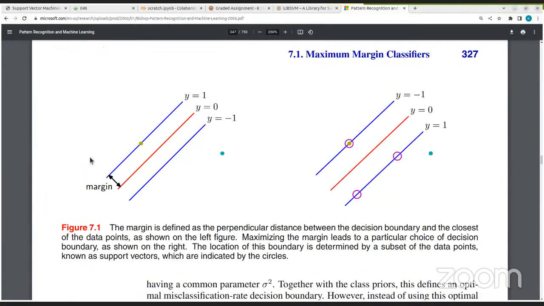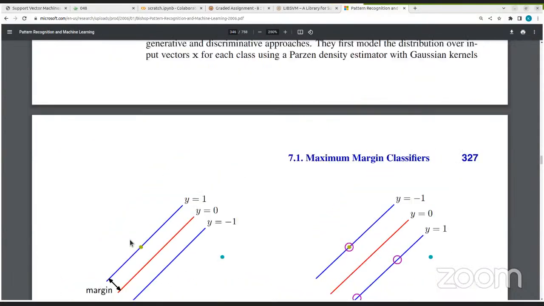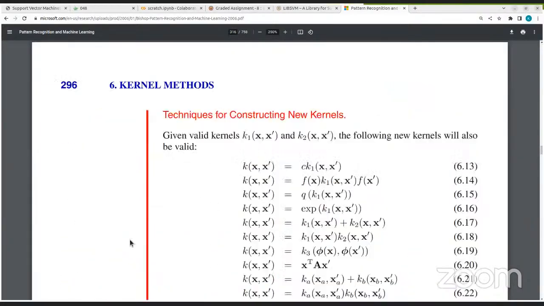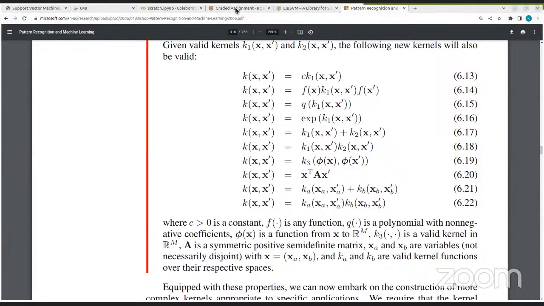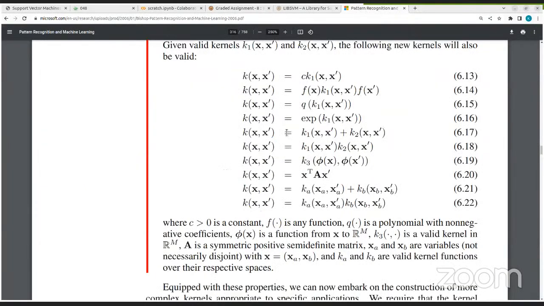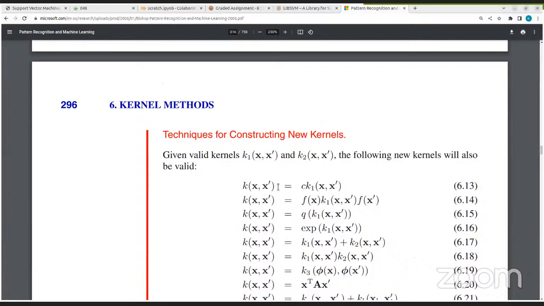This is the margin. Okay, that whole thing is not the margin, but anyway, it's fine. Where is the kernel? For this problem, you use this information. If these are the kernels, which of the following will also be a kernel? Again, we didn't teach you this in the slides, so you have to refer to this. How to get kernels is on page 296.